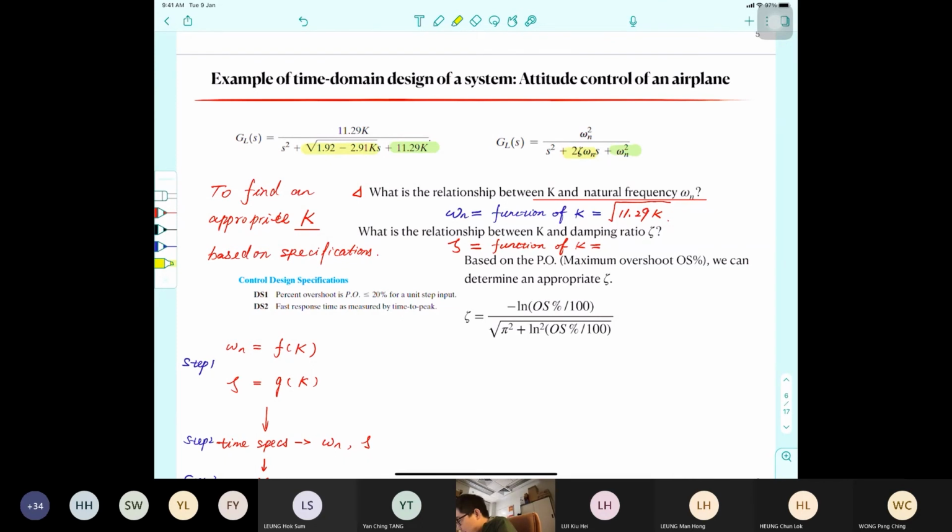This k. And we know omega n is here. So what will be zeta? Give you 3 minutes. If you don't know what I'm asking, you can type your question. If you know my question, okay, this is zeta, and you can simplify.